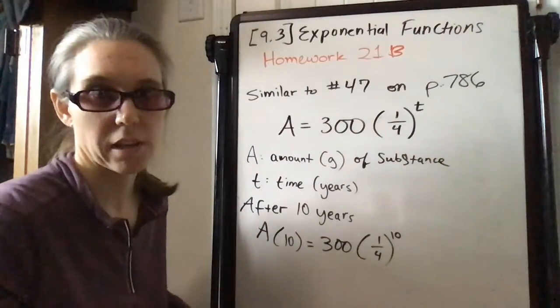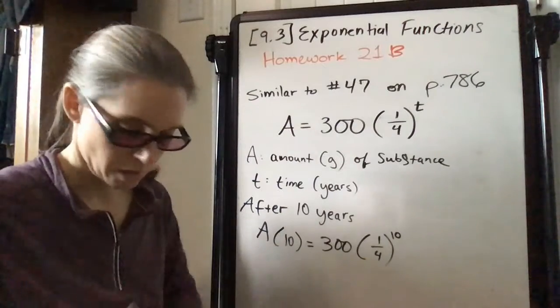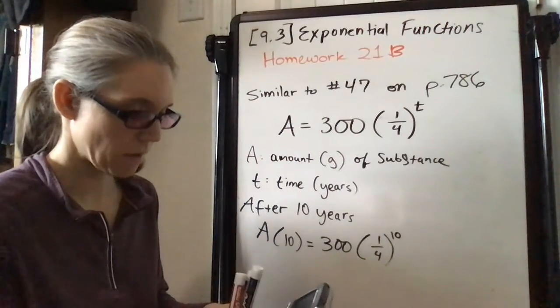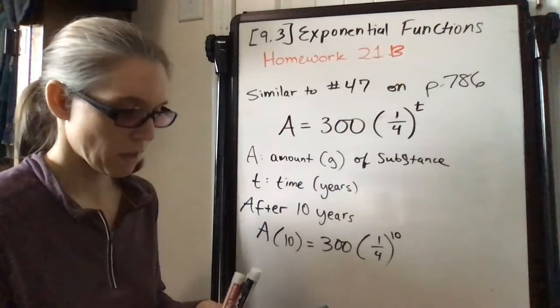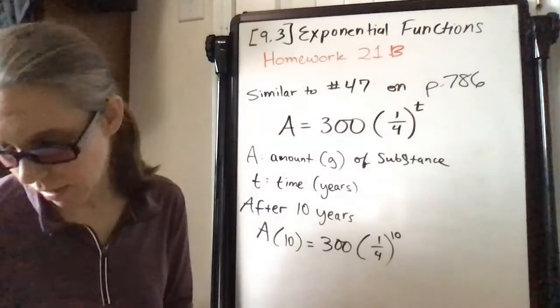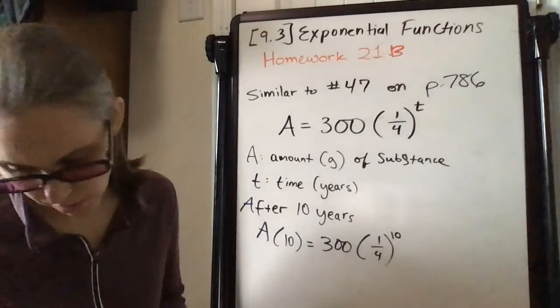So you just type that in the calculator. I made this completely up, so this is not that hard. You just take 1/4, raise that to the 10th power on your calculator, and then multiply that by 300. And it says to round to the nearest 1/10 of a gram.